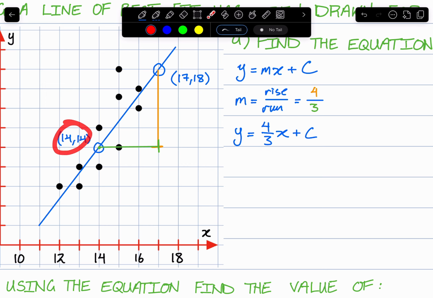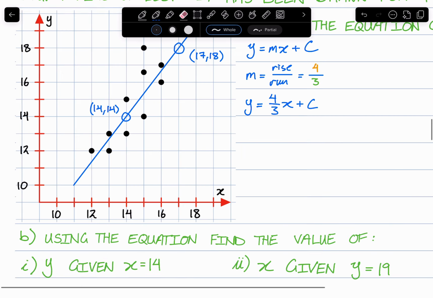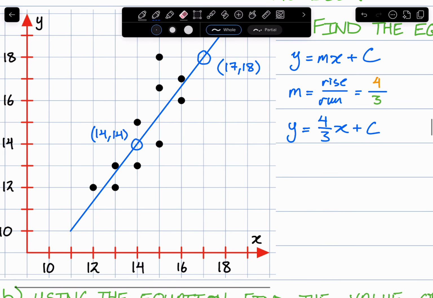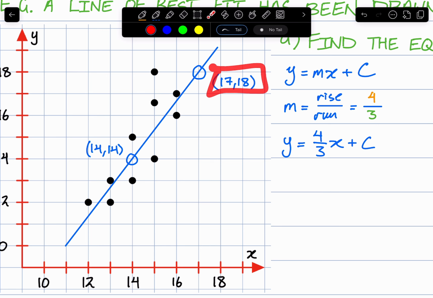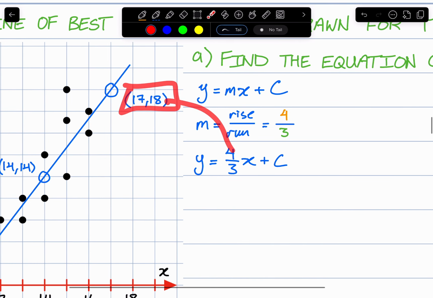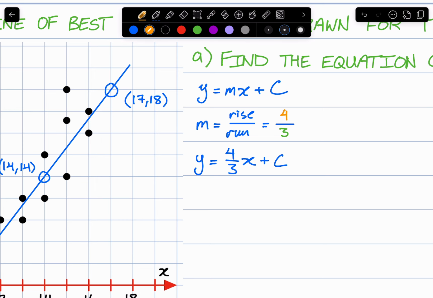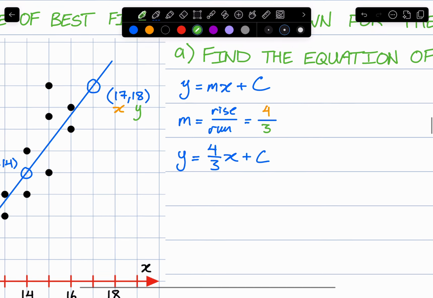So choosing 14, 14, we now need to remember that these points represent x and y values. Actually, I will use this one to make more sense of where these numbers go. In this case, this is x, and this is my y value.